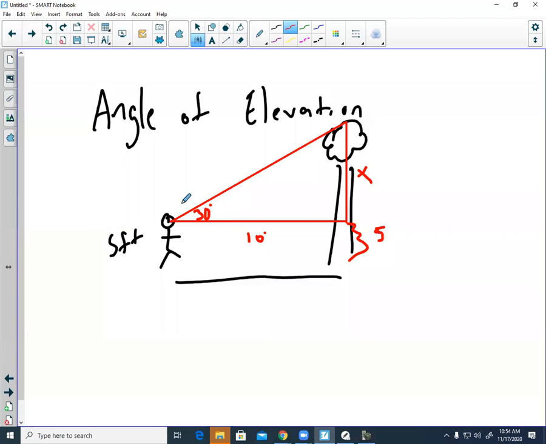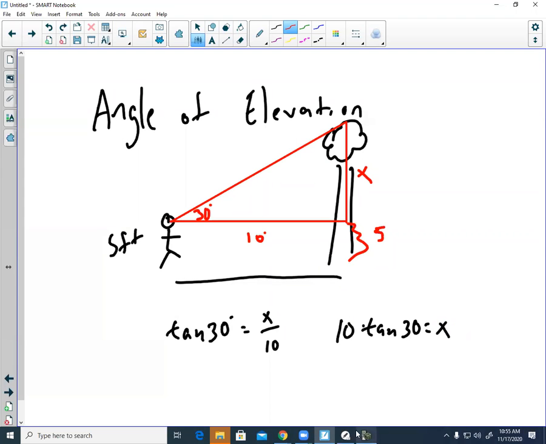So right now you see that you have a value here, you have an X value here, and you have a value here. So I would know that I'm using the opposite and the adjacent. Since it's the opposite and adjacent, it's the tangent of 30 degrees equal to the opposite over the adjacent. And then I would solve for X. So I would do 10 times the tangent of 30 equals my X value.